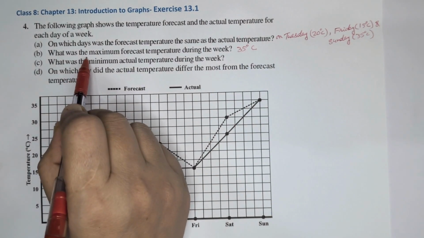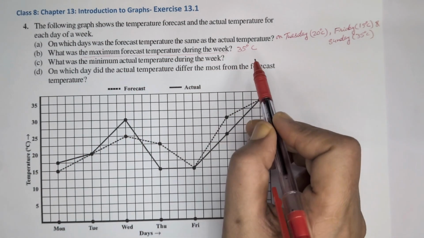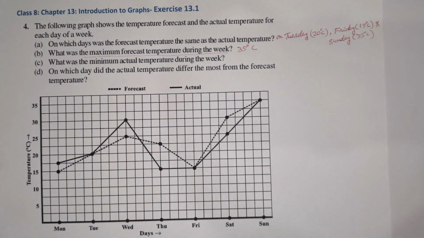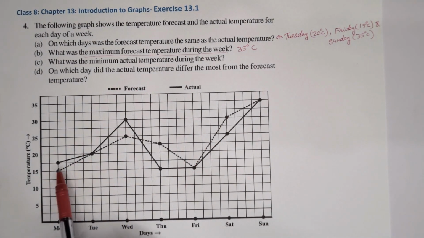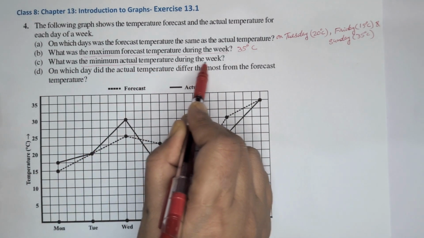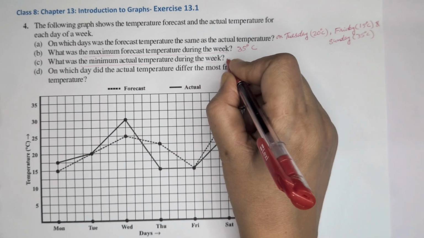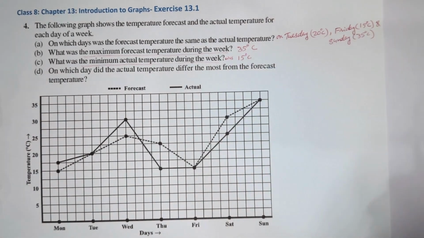So we can write the maximum forecast temperature during the week was 35 degrees Celsius. The minimum actual temperature during the week is 15 degrees. So we can write in a sentence, the minimum actual temperature during the week was 15 degrees Celsius.